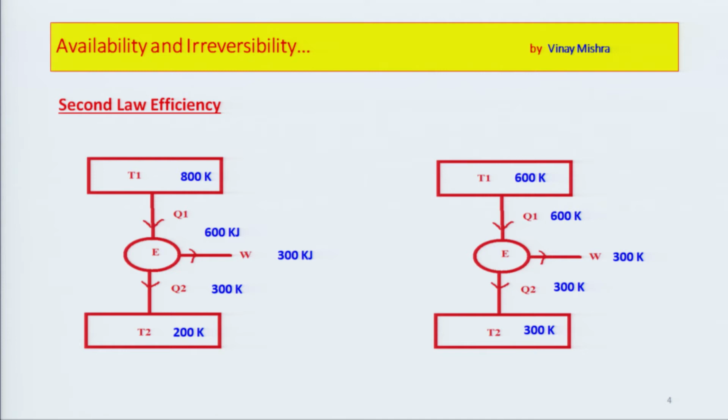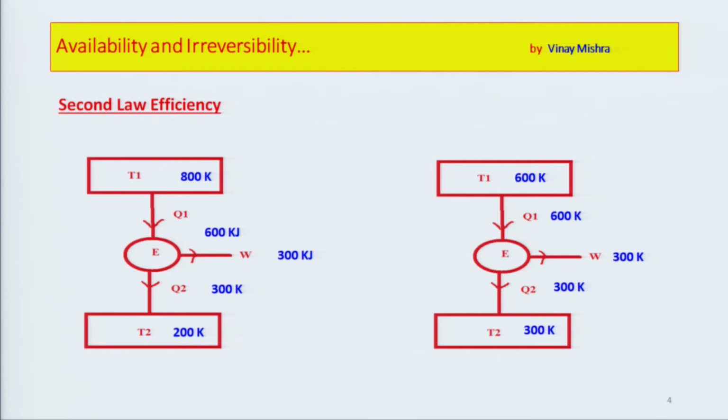In reality, if a certain amount of heat is rejected from a system, the temperature goes down, but for a reservoir we assume the temperature remains constant even if heat is rejected, as with Q1. So, we can say it is a reservoir.